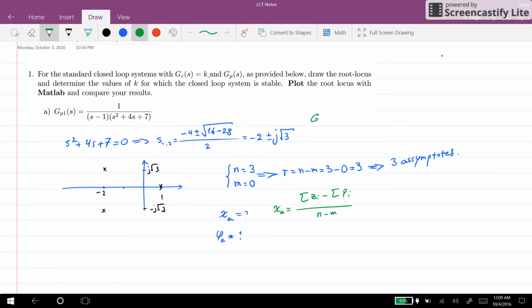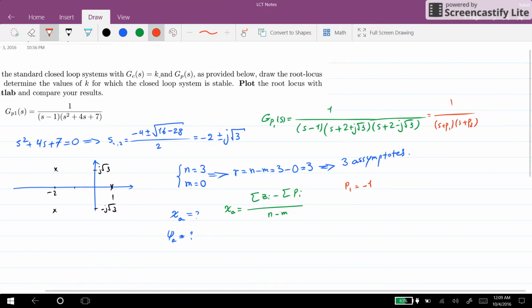And by the evans form we will have Gp1 of s equal to (s minus 1) over (s plus 2 plus j square root of 3)(s plus 2 minus j square root of 3), and from here we have p1 equal to -1, because it's indeed in this format, (s plus p1)(s plus p2)(s plus p3).